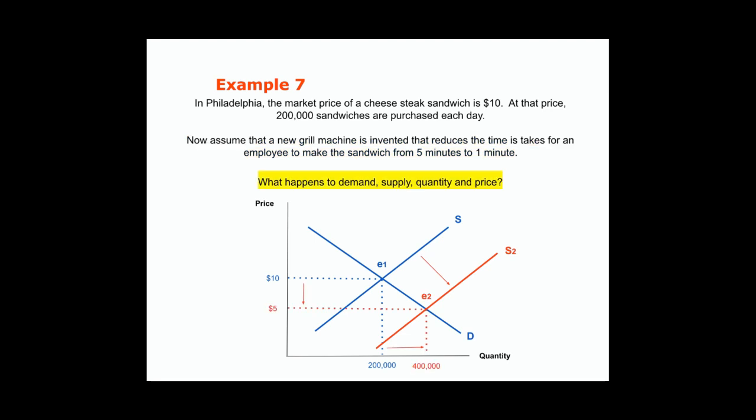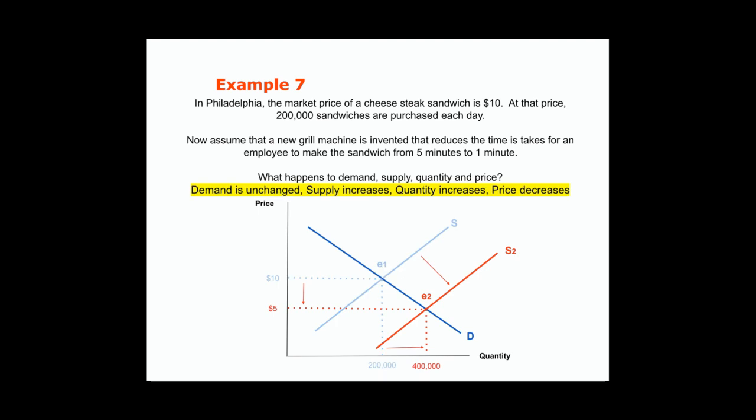Supply increases. We have a larger number of cheesesteaks being sold at a lower price. And that's what happens when supply increases. And so we have the new equilibrium at E2 with a higher quantity being supplied and demanded and a lower price existing in the marketplace.